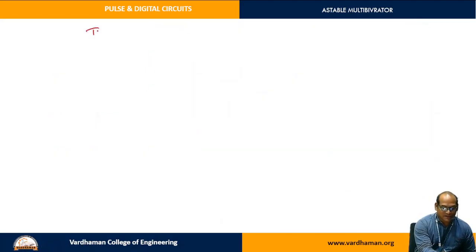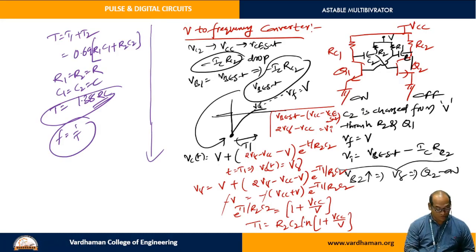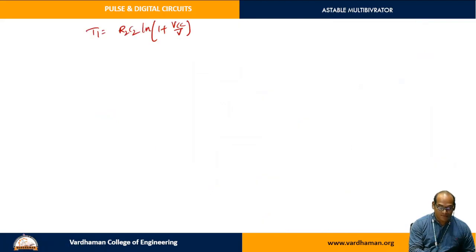First T1 once again: R2C2 ln of 1 plus VCC by V. Similarly, T2 is equal to R1C1 ln of 1 plus VCC by V.